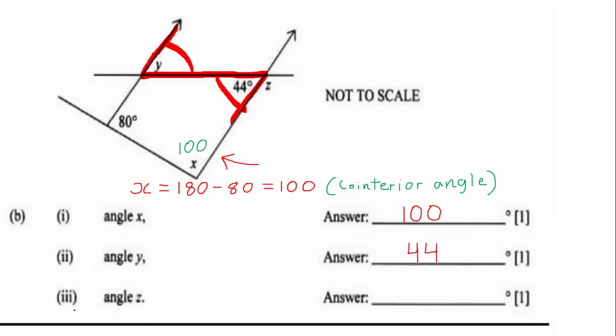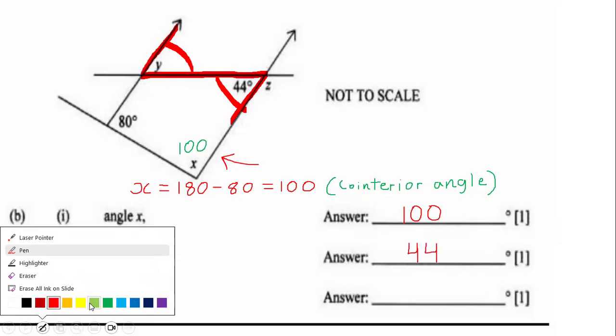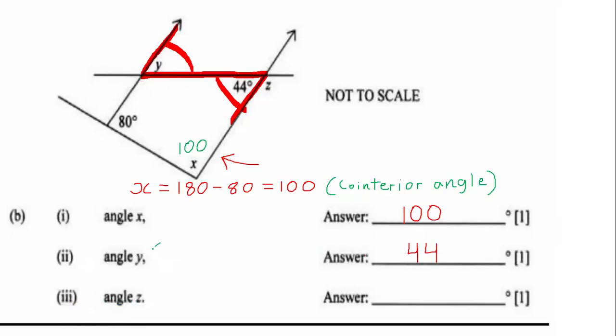And just for the reason, by the way, in the exam, you do not need to put a reason unless they ask you specifically for a reason. But I'm going to put a reason for your notes. So alternate angles form a Z shape, and they are equal to each other.